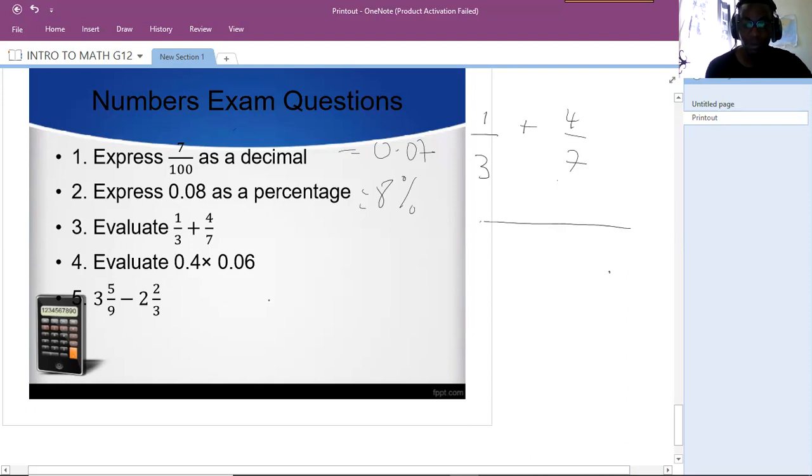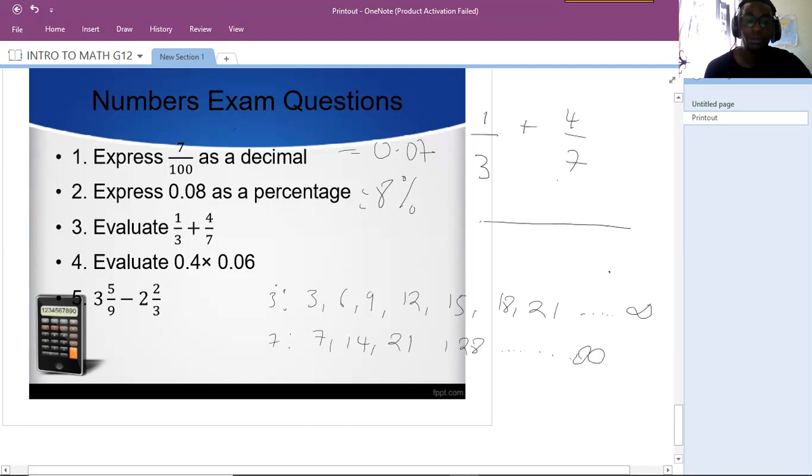If we list down the multiples of 3 here, multiples of 3 include 3, 6, 9, 12, 15, 18, and 21, etc. They can go on until infinity. Then multiples of 7, we can say 7, 14, 21, 28, etc., until infinity there.